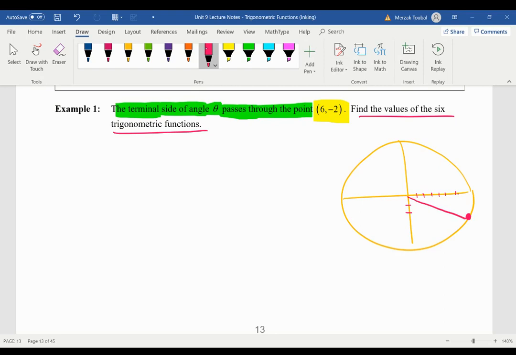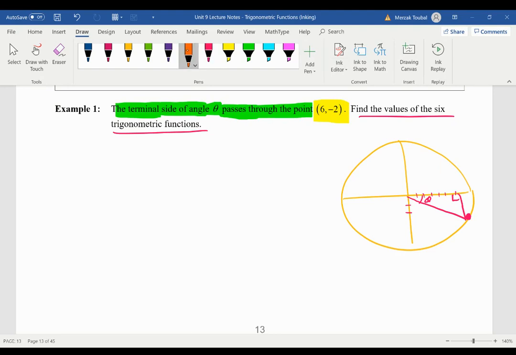So my right triangle will be in quadrant 4. This is the angle theta. Now, what are the measures of the opposite, the adjacent, and the hypotenuse?